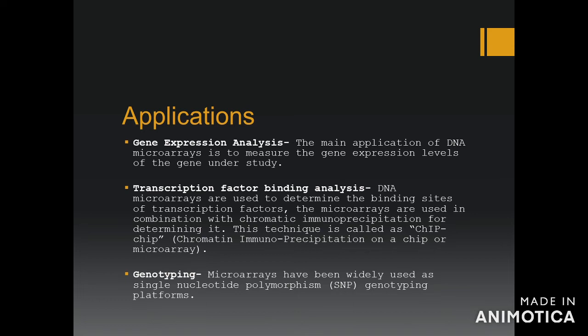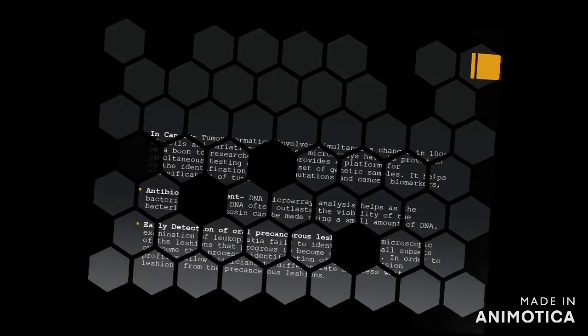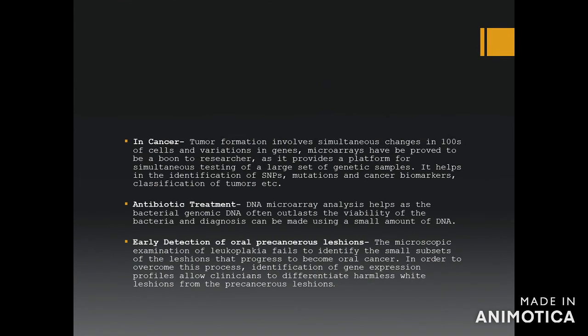Then the next application is genotyping. Here microarrays are widely used as a single nucleotide polymorphism genotyping platform. Next is cancer, where tumor formation involves simultaneous changes in hundreds of cells and variations in genes.